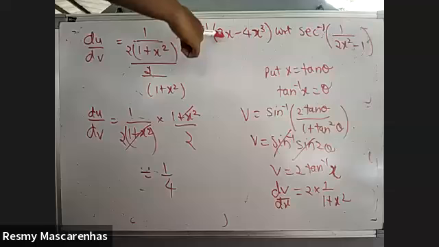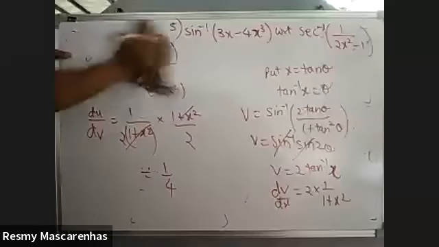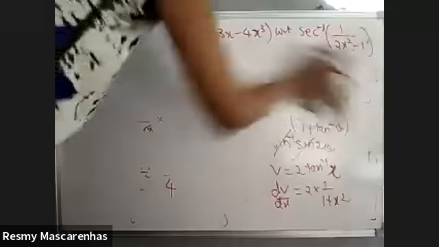You have to use the sine 3 theta formula. I'll send you all that page again, the one I sent before the tuition classes started. I don't know, some of you might not have it. All these basic formulae, so please go through them again in case you have forgotten.